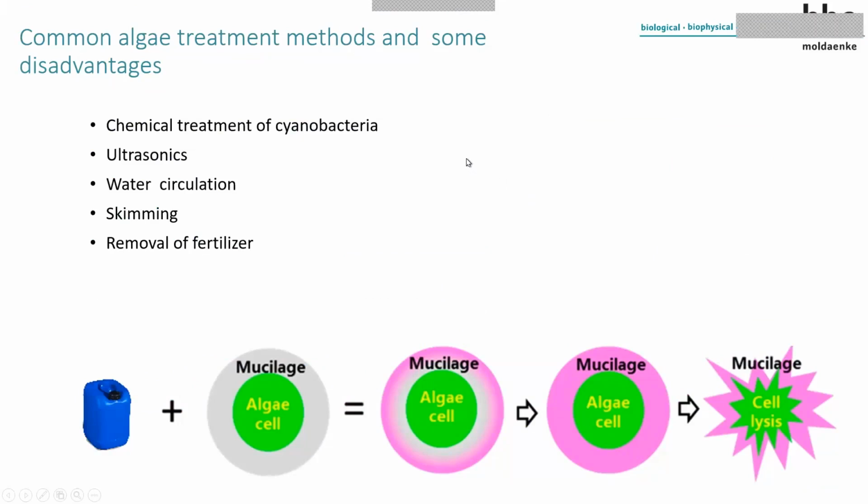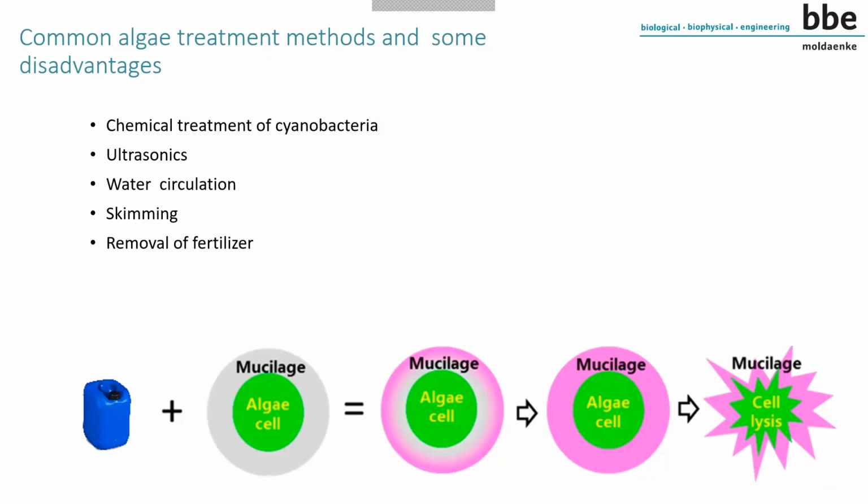That means, as Toby already mentioned, you can use hypochlorite, you can also use other compounds like copper sulfate, or compounds with a high oxygen content, for example, to oxidize these. Of course, these are somewhat helpful, but they also have disadvantages.